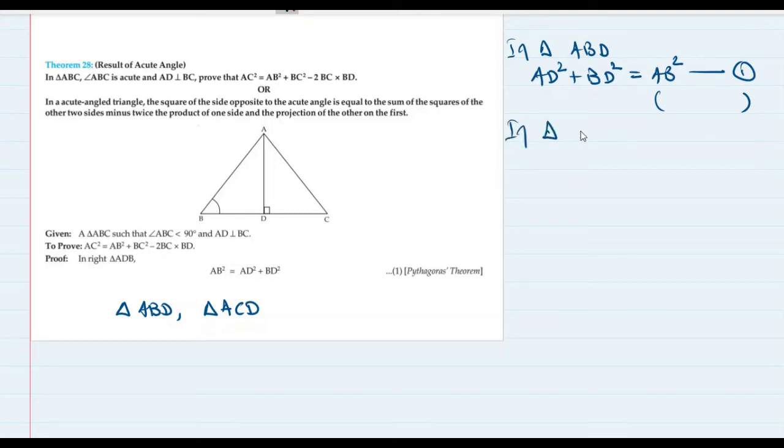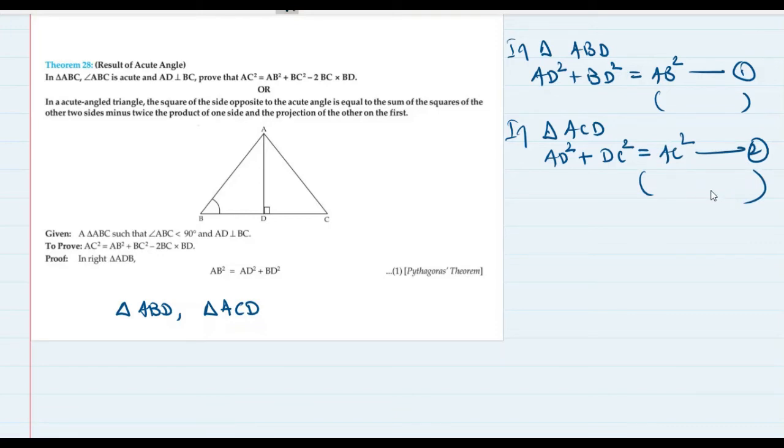Then in triangle ACD, AD square plus DC square is equal to AC square. Equation number 2 by Pythagoras theorem.